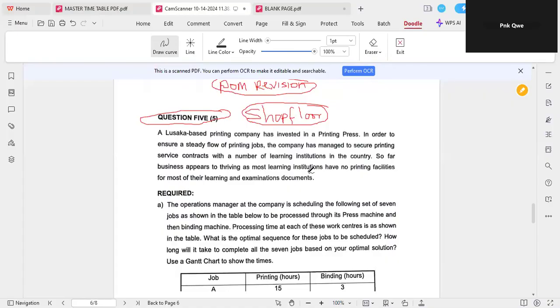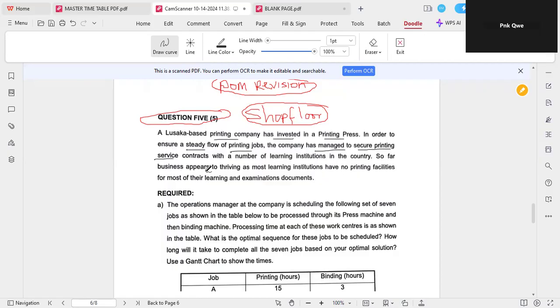Okay, so now we look at this question. A Lusaka-based printing company has invested in a printing press in order to ensure a steady flow of printing jobs. The company has managed to secure printing service contracts with a number of learning institutions in the country.